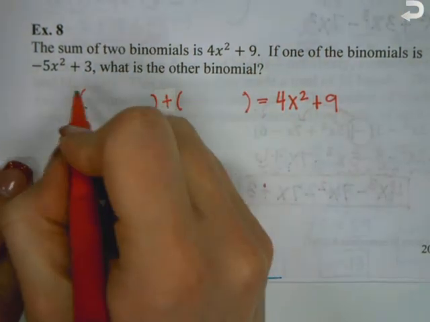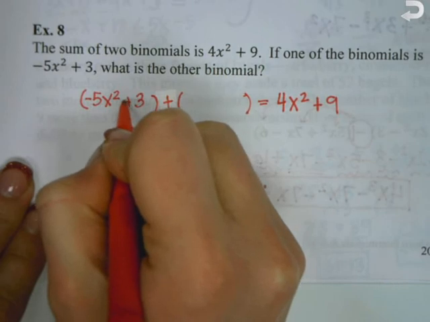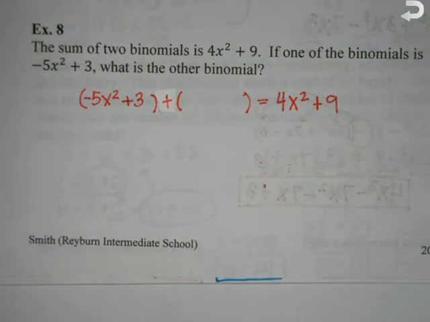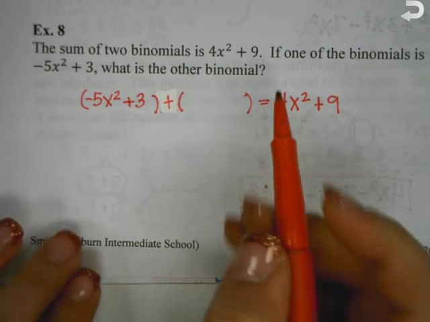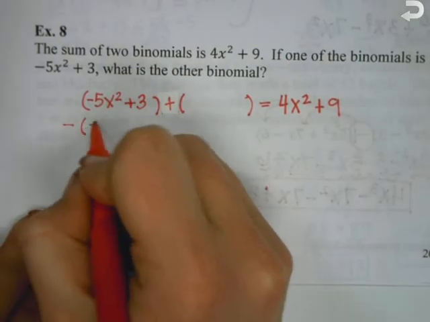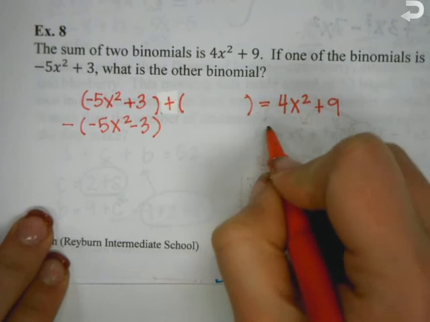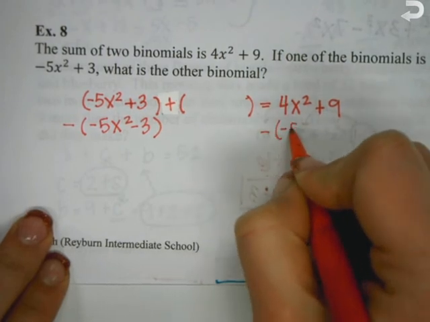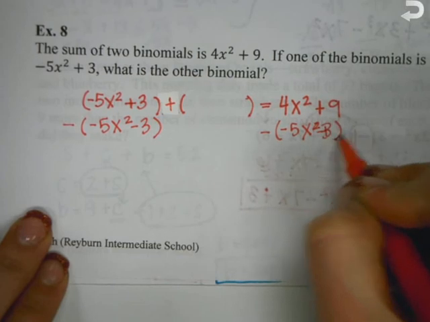So now what we want to do is move this whole thing to the other side. So what are we going to do? We're going to subtract it. So minus negative 5x squared plus 3. So we're subtracting the whole thing.